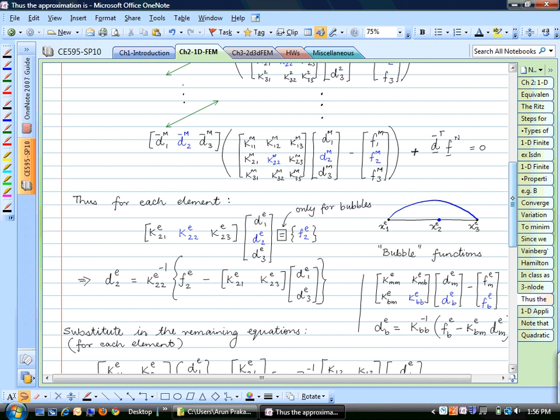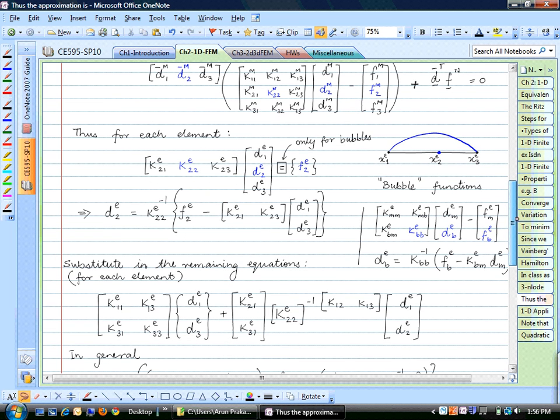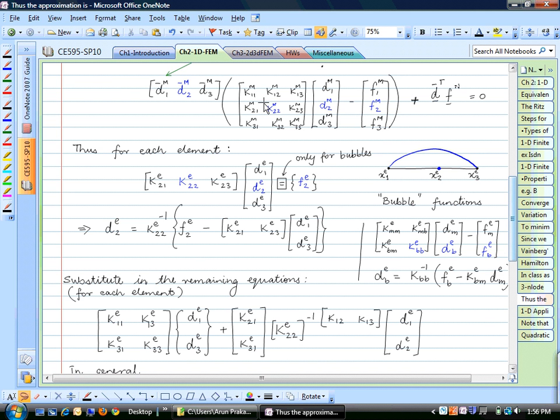And what I can do now is that submatrix is right here. So I'm only writing it out in terms of the main degrees of freedom. And now I will also write out this K12 times dm2. Do you see that? Let me actually write that out then.